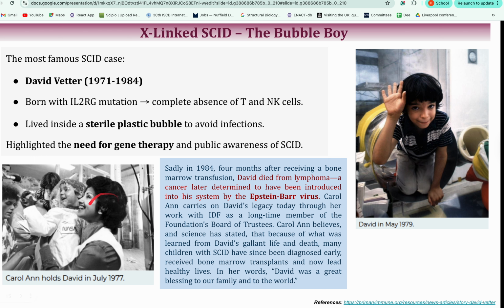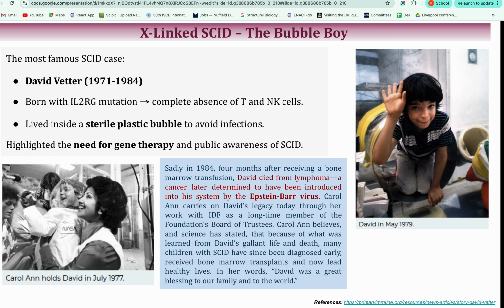So, she believed that after the case of David Vetter, previously it was not known how to cure it. But later on, it was realized that with a bone marrow transplant, we can give those cells, we can give progenitor cells, because we know that stem cells are the cells which can give rise to almost any cell in our body.